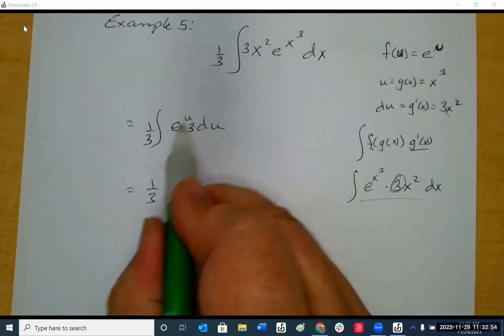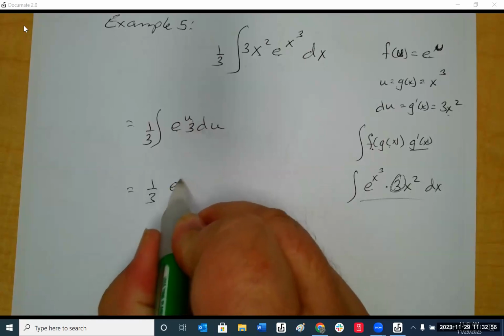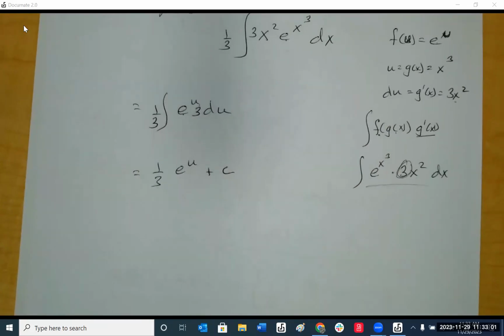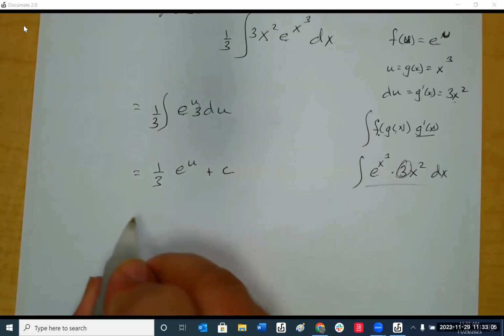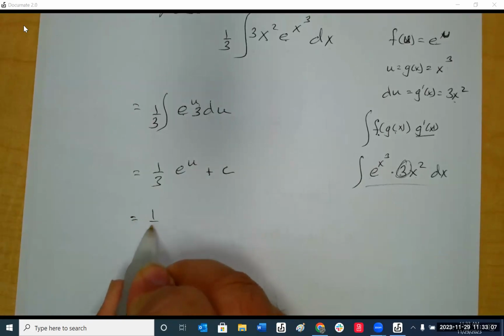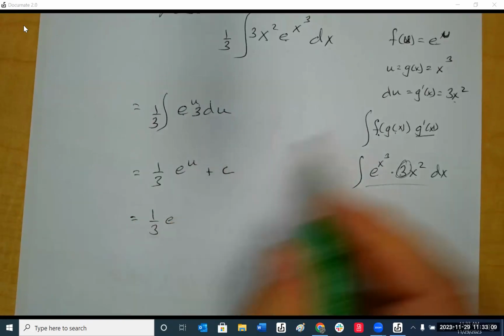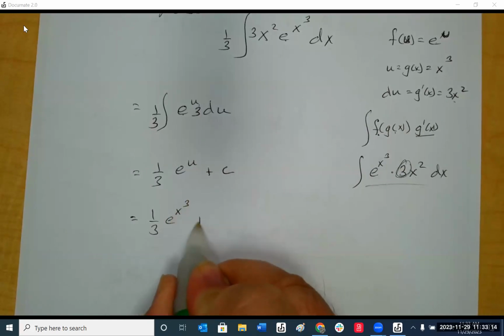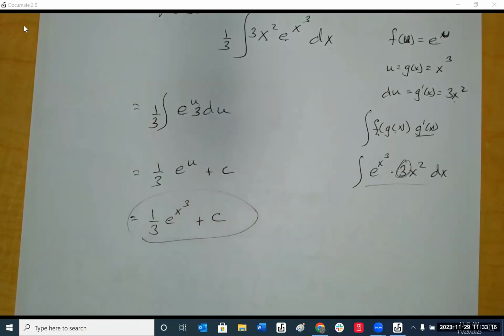So the integral of e to the u is e to the u plus c. That's why I like the exponential functions, the e's. Again, u was x cubed, plus c, and there's our answer.